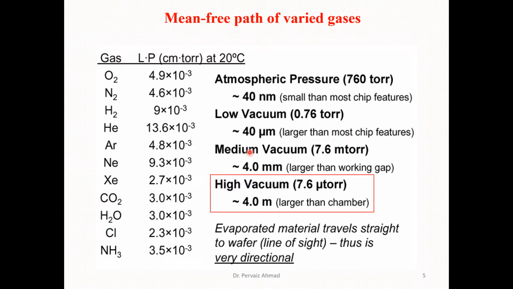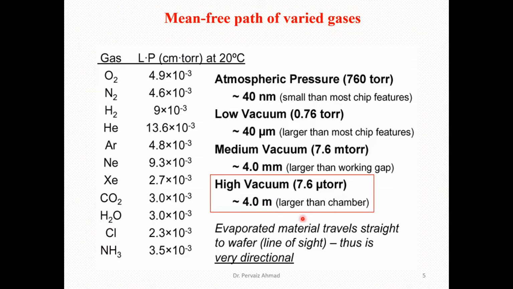If we have medium vacuum, 7.6 millitorr, it corresponds to approximately 4 millimeters, which is larger than the working gap. For high vacuum, 7.6 microtorr corresponds to approximately 4 meters, which is larger than the chamber.